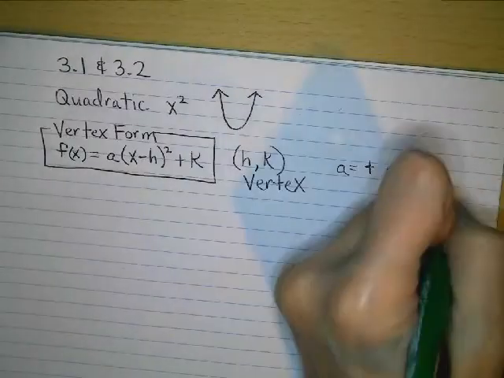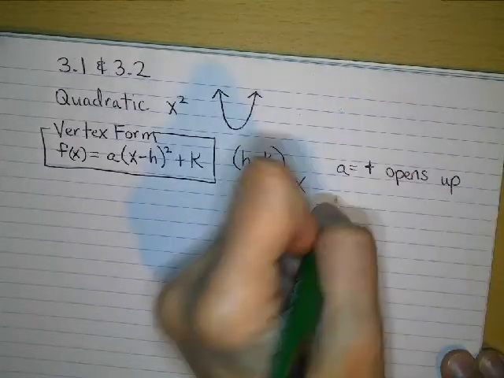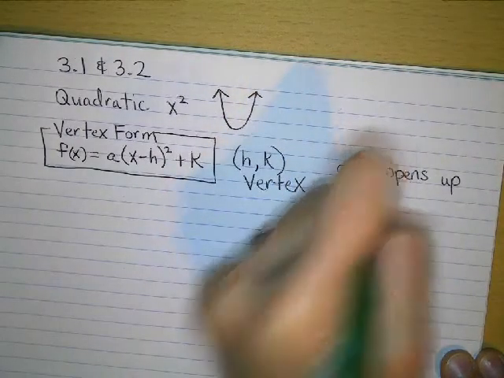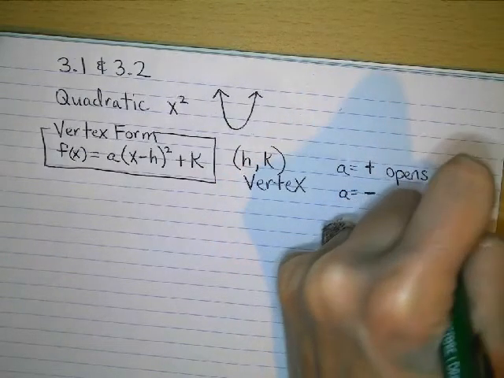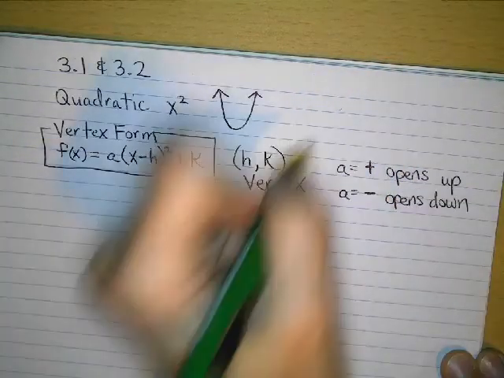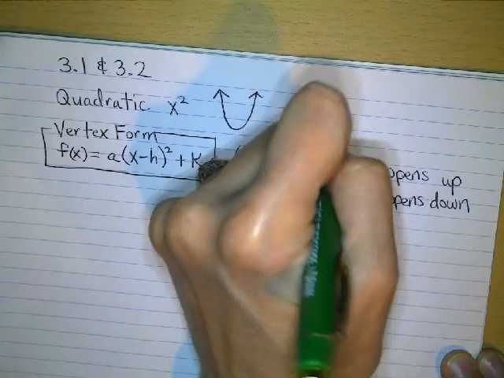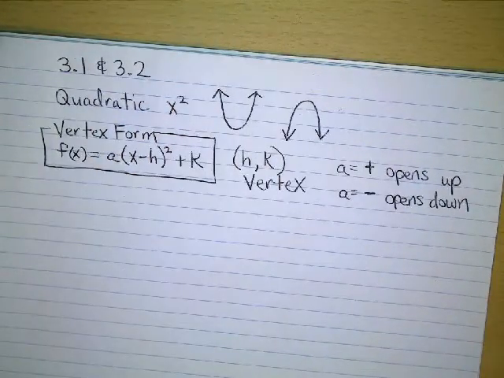Then your parabola opens upward. But if A is a negative number, then your graph opens down, like upside down, like this. You can go up or down. Okay?